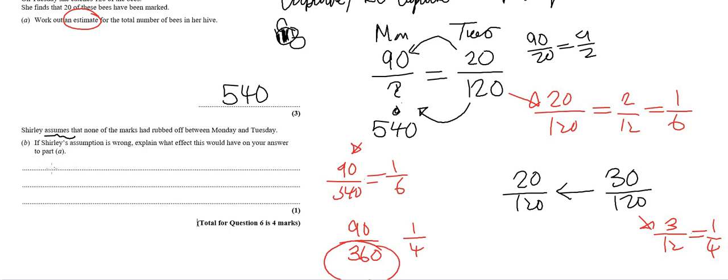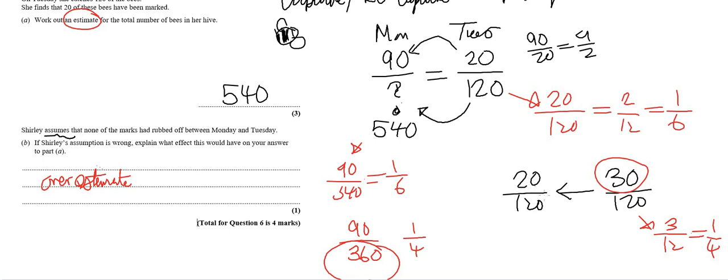So her answer would be an overestimate. And if you're not sure whether it's an under or over estimate, just do the same thing. Imagine that it was a large number, which was reduced by the marks rubbing off.